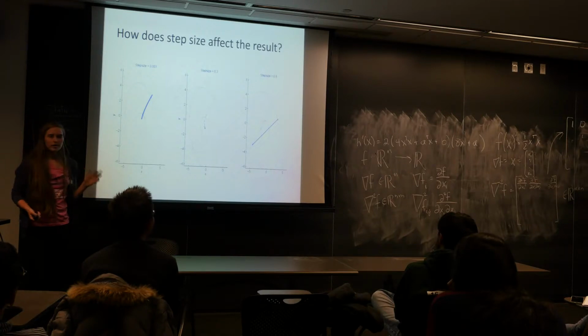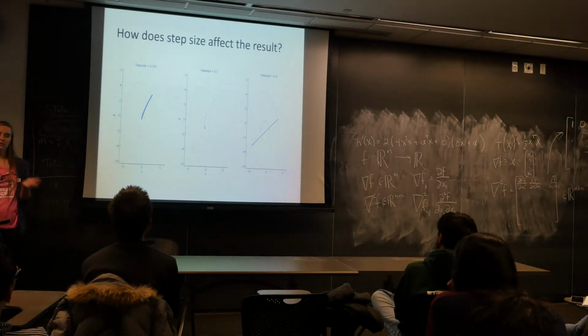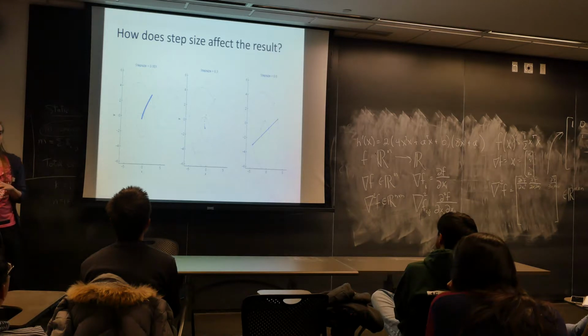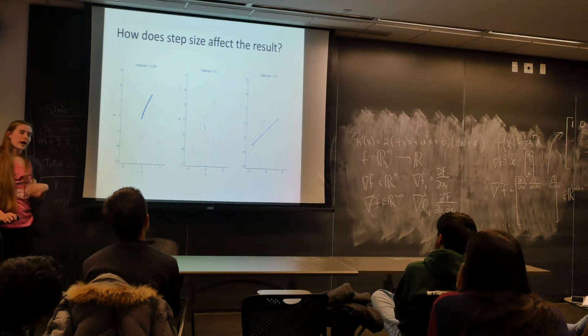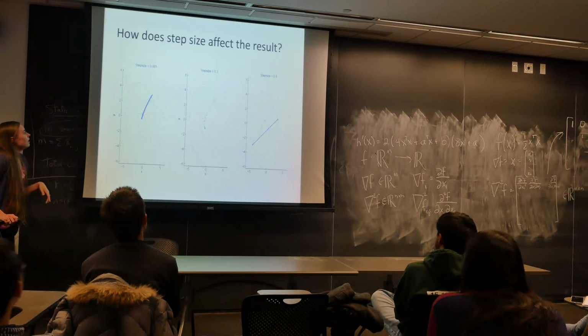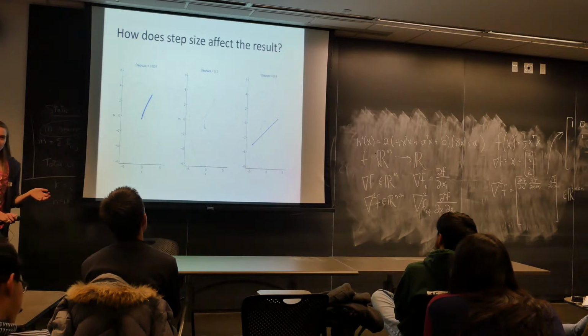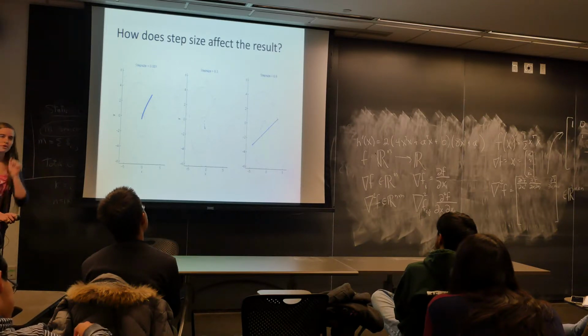One thing that you have to consider with gradient descent is this step size parameter, which I think was t a few slides ago. You have to choose something for that, and that is going to affect the trajectory of your search for the minimum.